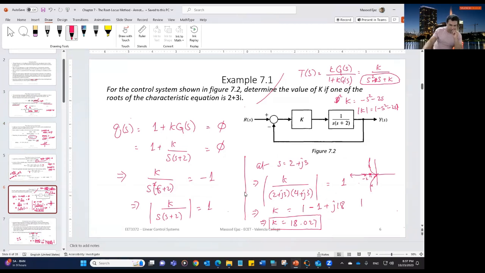So these things are important, because when you're designing a control system and designing the gain of the control system, remember what purpose the root serves. The root, or the pole, basically serves the purpose of how fast your transient response is going to decay. What will be your sinusoidal frequency?